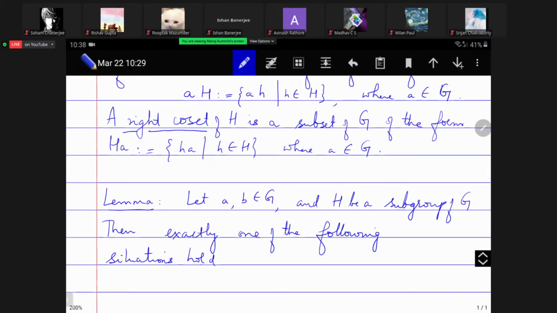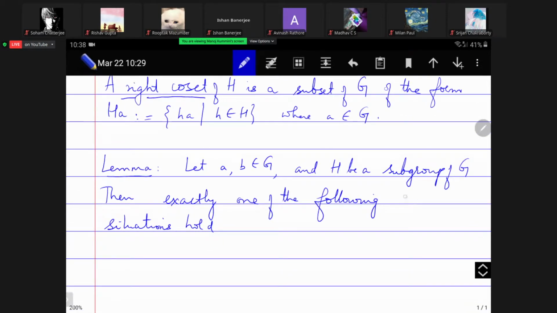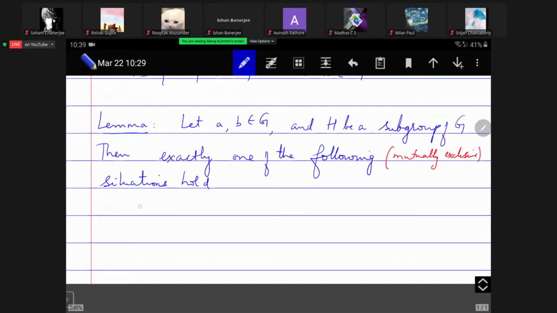So they are mutually exclusive. Number 1: aH is equal to bH. That means the two cosets are the same.